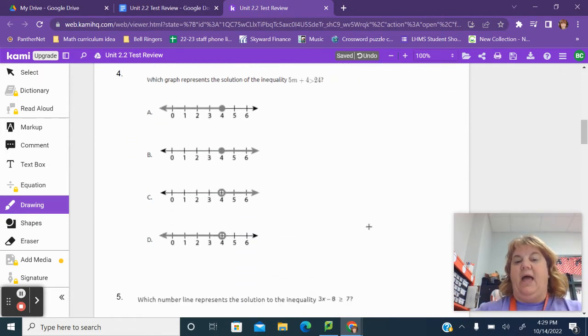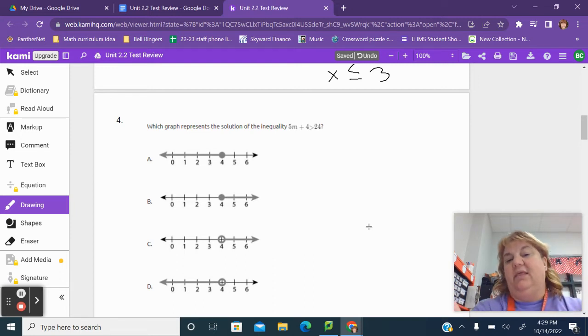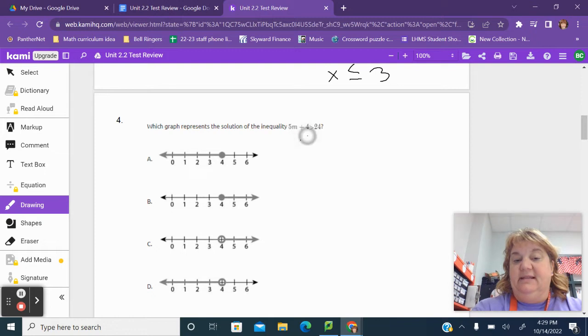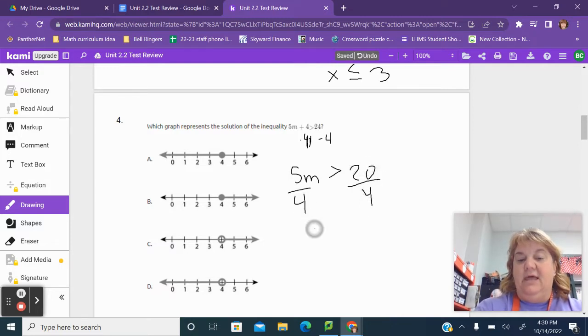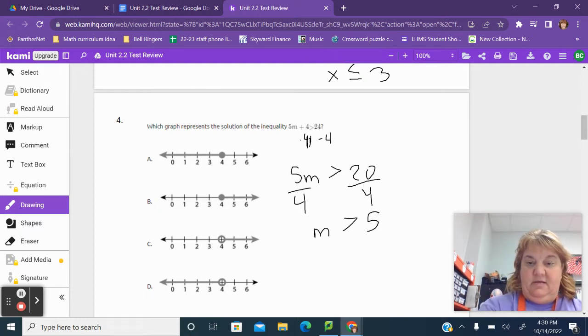Okay, which graph represents this inequality? Well, first I need to solve it. So I'm going to minus 4 on this side, minus 4 on this side. So I have 5m is greater than 20. Oh, that's 5m.